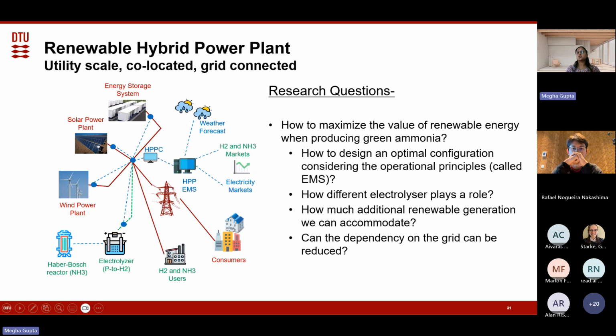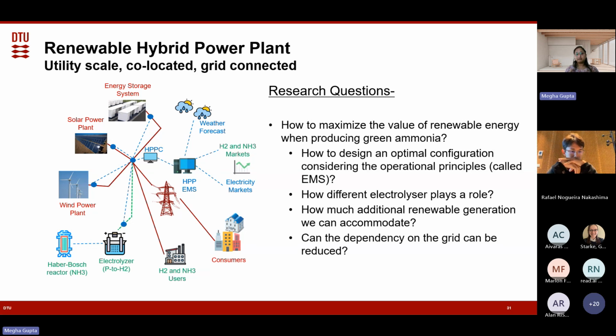So with the research questions that how we can maximize the value of renewables when producing green ammonia, in this work we have also done the detailed analysis of what different electrolyzer plays a role, because we have different types of electrolyzers, alkaline, PEM, SOEC, and each technology has pros and cons. So how does it impact the ammonia production and the overall profitability of the plant owner?